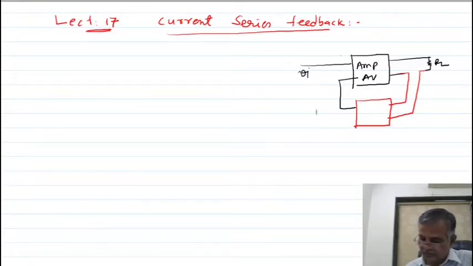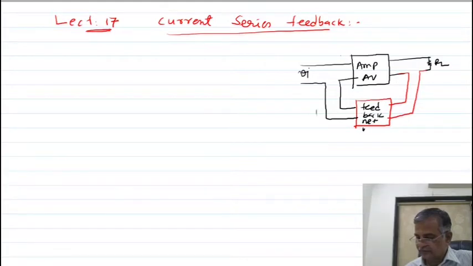This is your feedback network. This is VO dash, and this is VFB, the feedback voltage, giving back to the input. As a result, this input is changed and becomes VI dash.